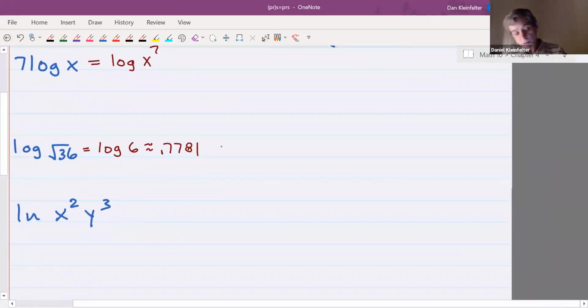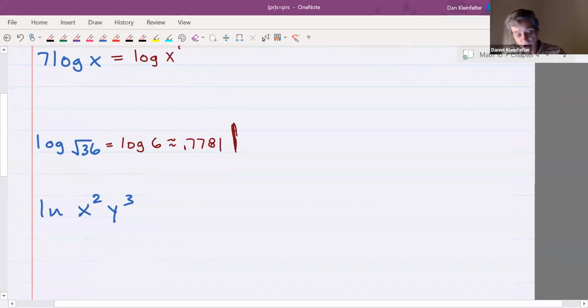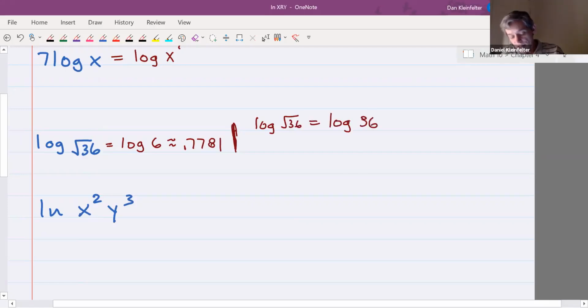Okay, remember that the square root can also be thought of as raising a number to a 1/2 power. So we'll say log square root of 36 is the same as log of 36 to the 1/2 power. And now finally, we're going to use our power rule.